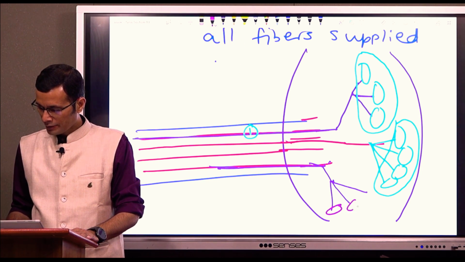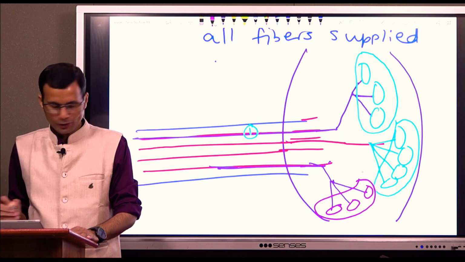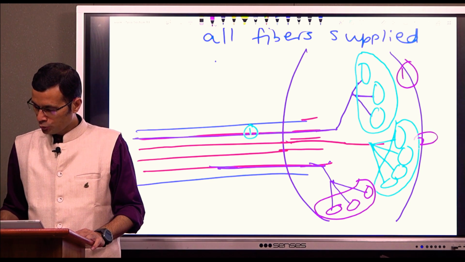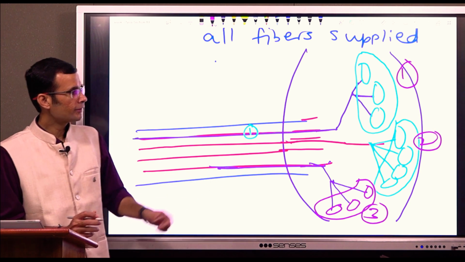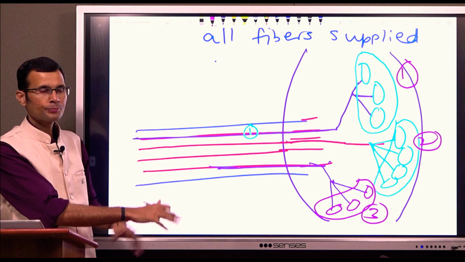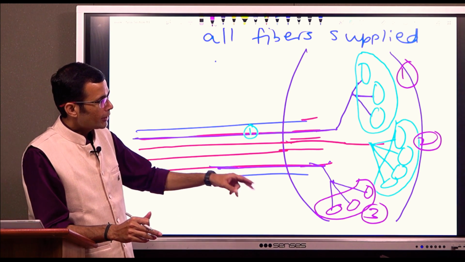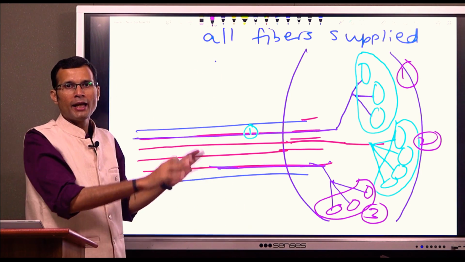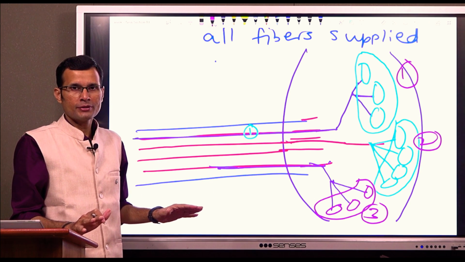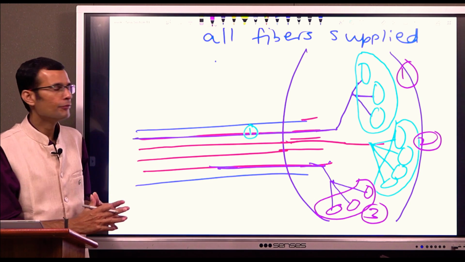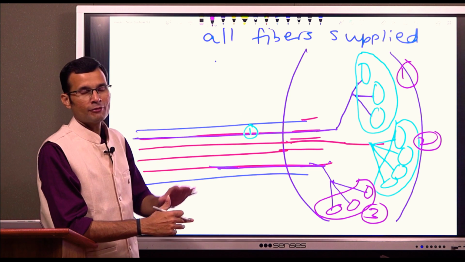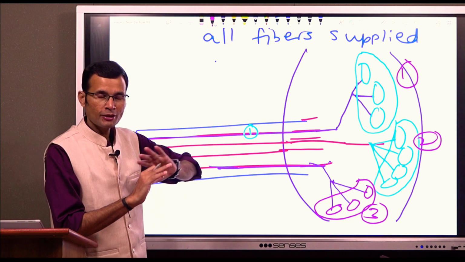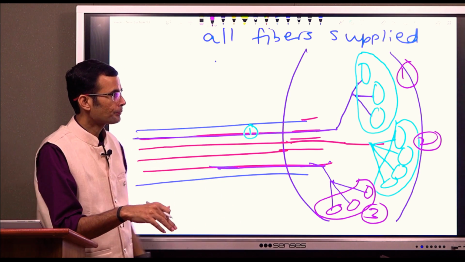So, let's say 3 muscle fibers in this particular motor unit. So, we have 3 motor units in this particular muscle, and in all 3 plus 3, 6 plus 4, 10 muscle fibers. This entire muscle has totally 10 muscle fibers. Just for the sake of understanding, we are taking as an example 10 muscle fibers, but we are looking at the motor units into which those muscle fibers are segregated.